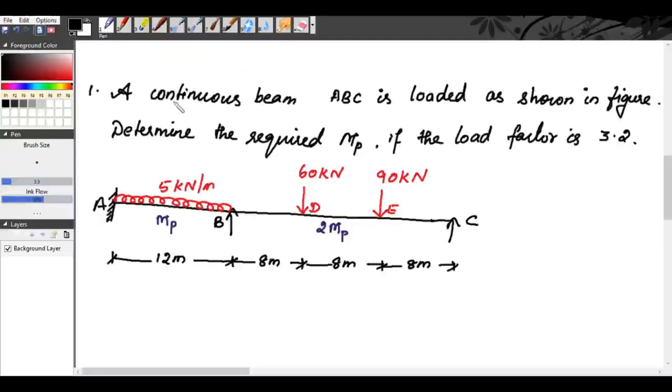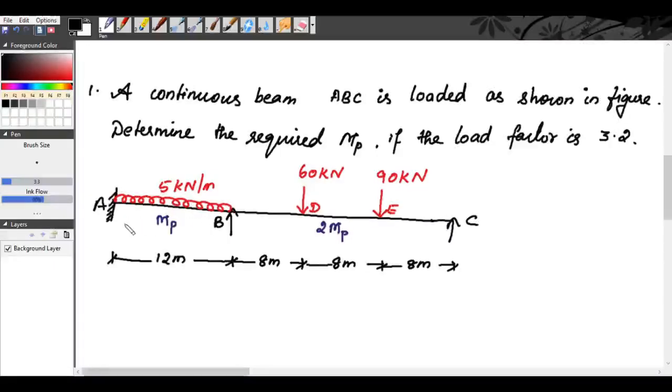So the first problem is a continuous beam ABC is loaded as shown in figure. So you can see a continuous beam ABC. So here it is a two-span continuous beam. AB is one span and BC is another span. And in the span AB, you have a UDL of 5 kilonewton per meter.